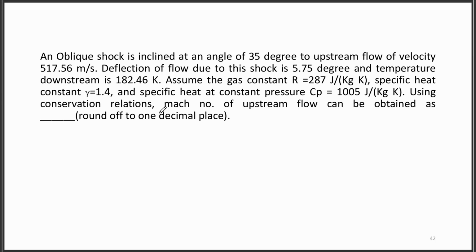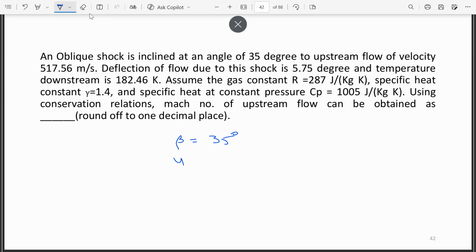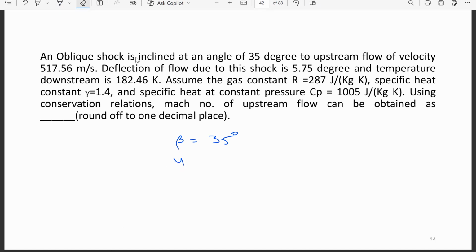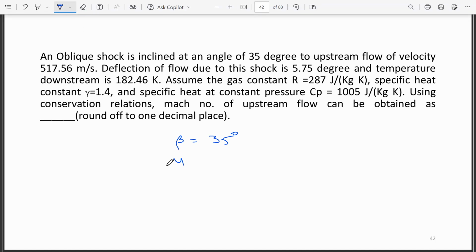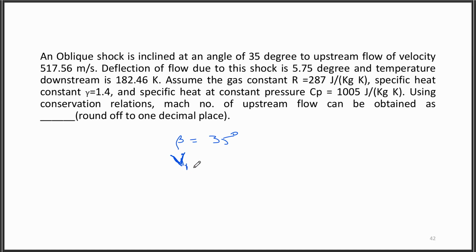How to solve this problem? Anyone know? First see what is given here. Shock angle beta is given as 35 degree. Upstream velocity V1 is given as 517.56 meter per second.